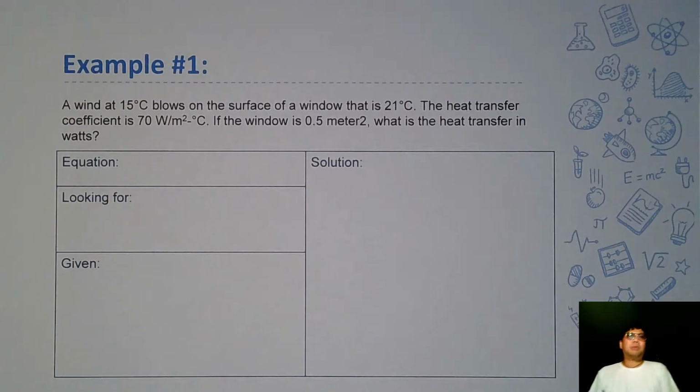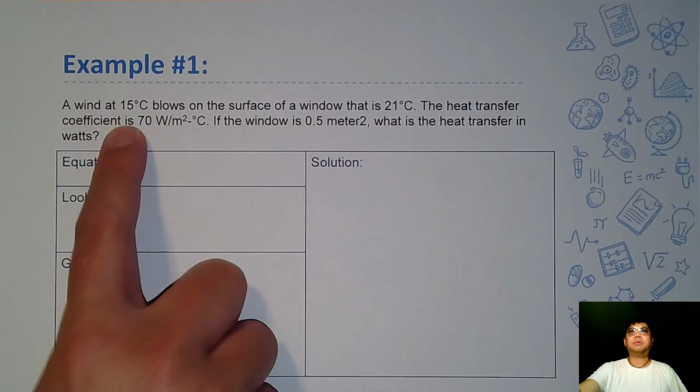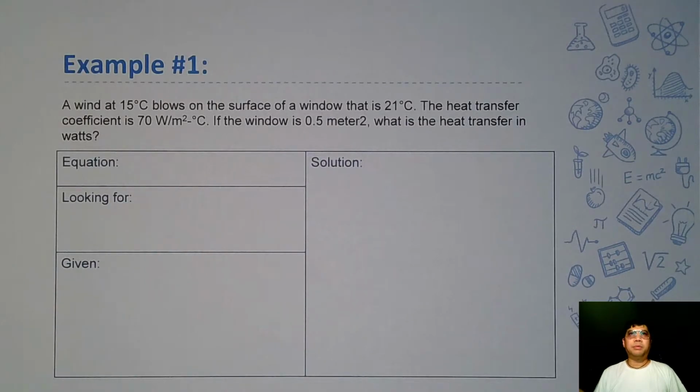Okay, so I will read the problem as it states that a wind at 15 degrees Celsius blows on the surface of a window that is 21 degrees Celsius. So basically, we want to reduce the amount of heat away from that surface, from 21 to 15.